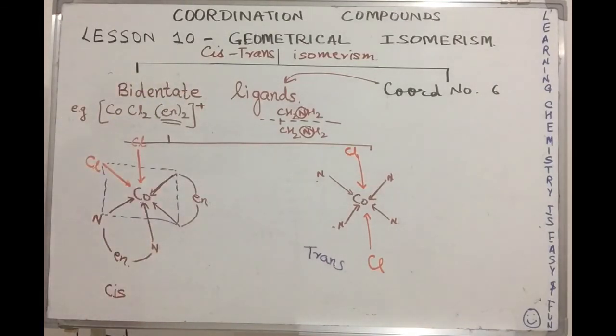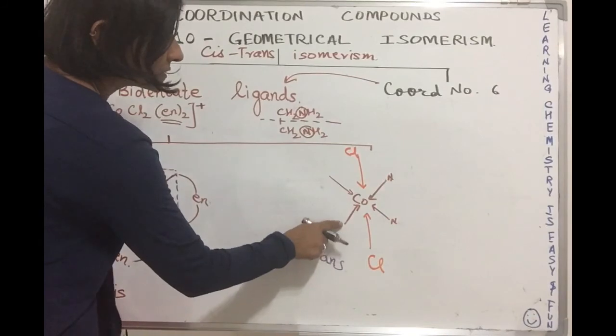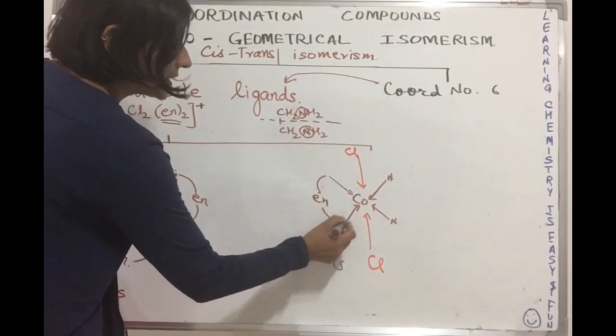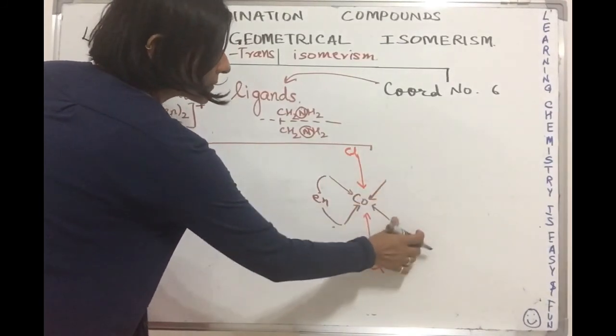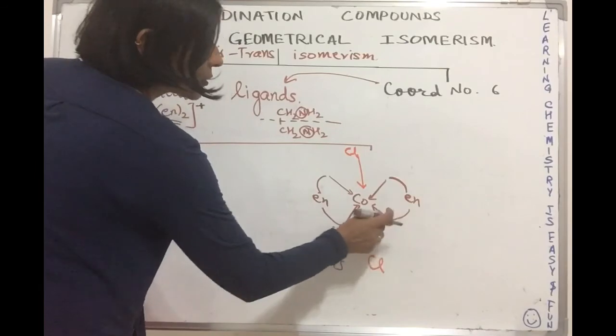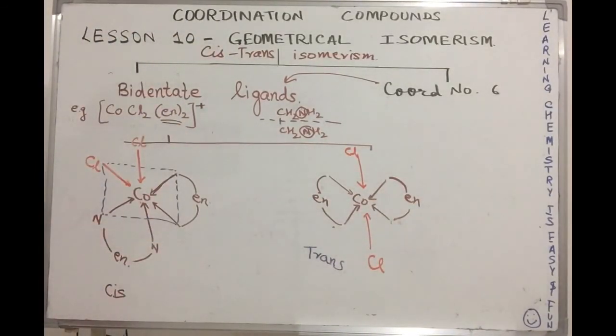Now, in order to complete the molecule, let me make it a little more easy for you. Just rub out the N and I will represent en over here and I will represent en over here, meaning to say we've got the donor atoms, nitrogen over here of the ethane 1,2-diamine. Let's complete the structure.